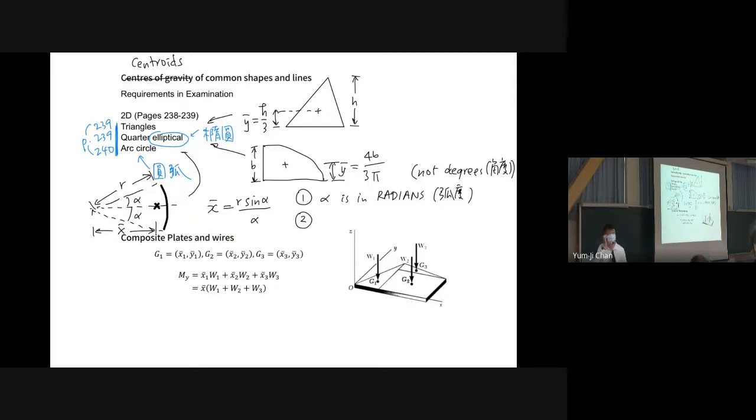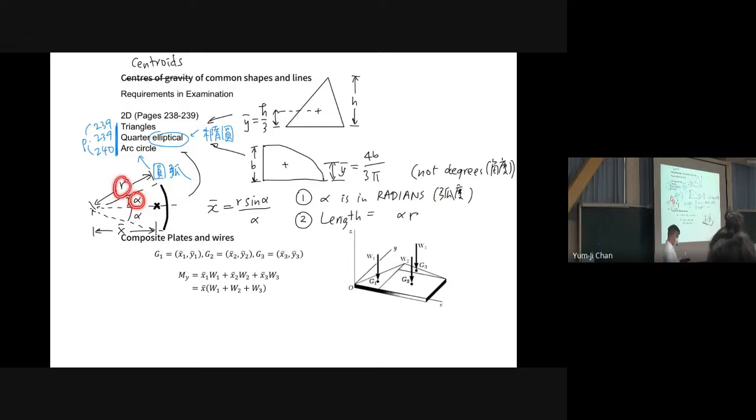And the second thing, what's the length of this line, this arc? The length is equal to alpha times r.